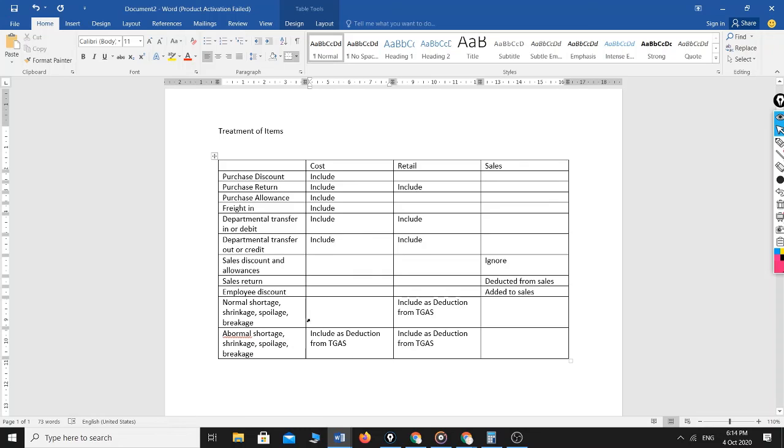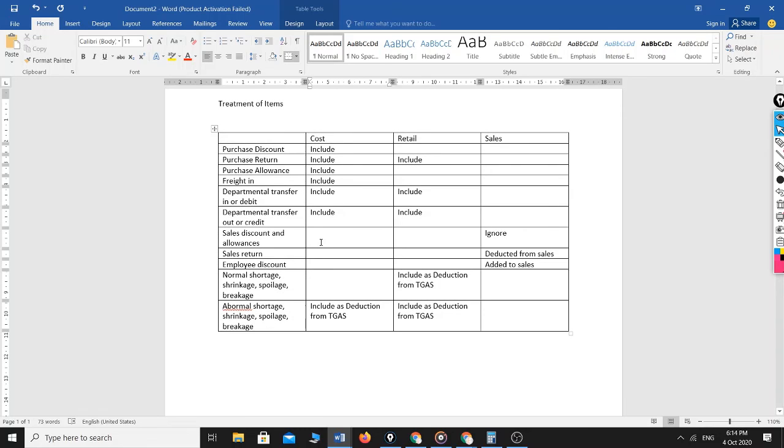Okay? Sales discount and sales allowances should be ignored again because there is no actual flow of inventory, unlike sales return. Sales return, of course, should be deducted from sales. Employee discount, which is new to you, should be added to sales.